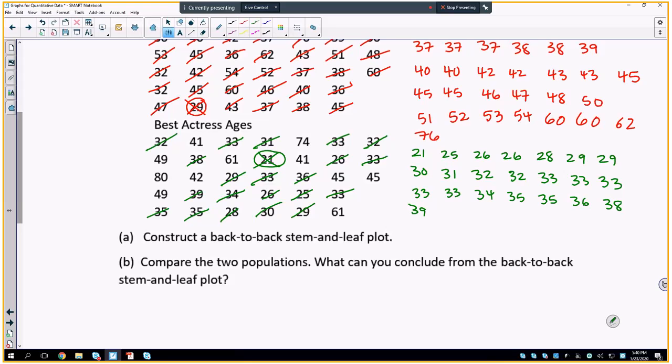What about women who are in their 40s? I see 41 and another 41.